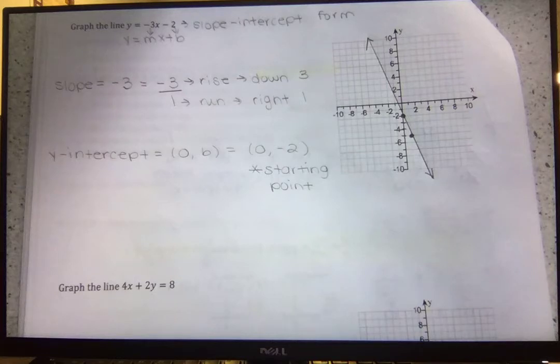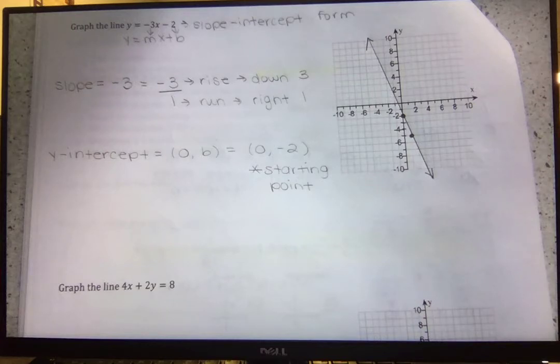So our first step is getting y equals, put it in slope-intercept form. You know that you subtract the opposite. Yeah, so you're trying to move this 4x over. 4x is positive, so you do the opposite. So you subtract. Good. So you're moving this over here, which is perfect.